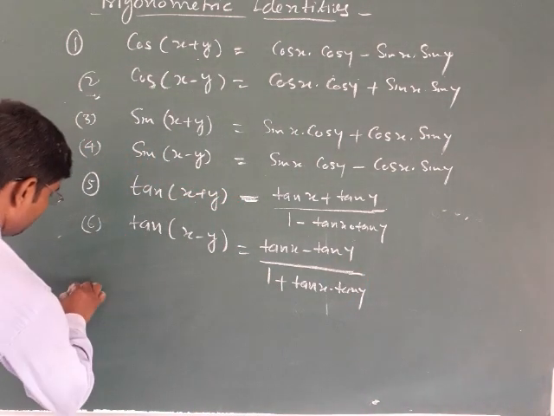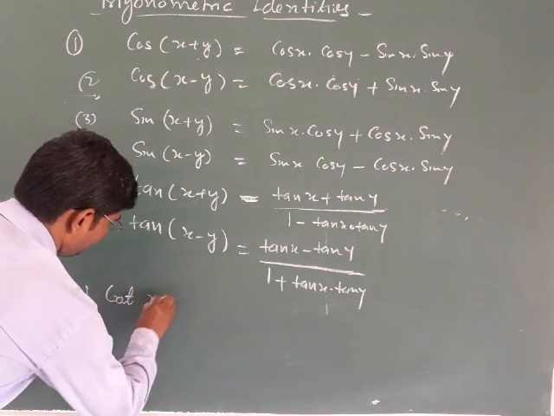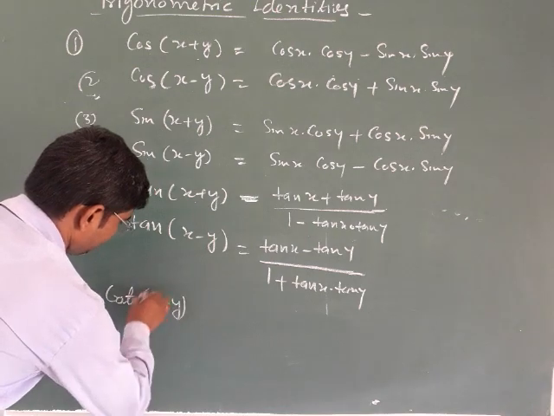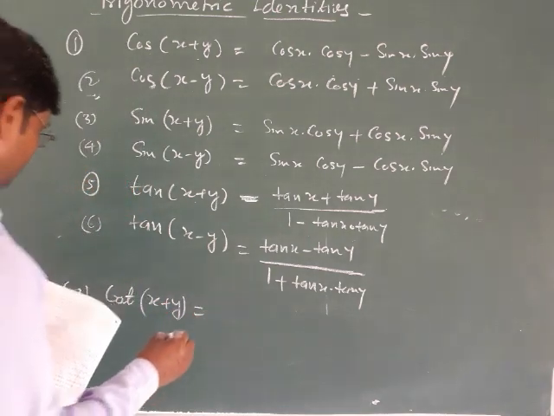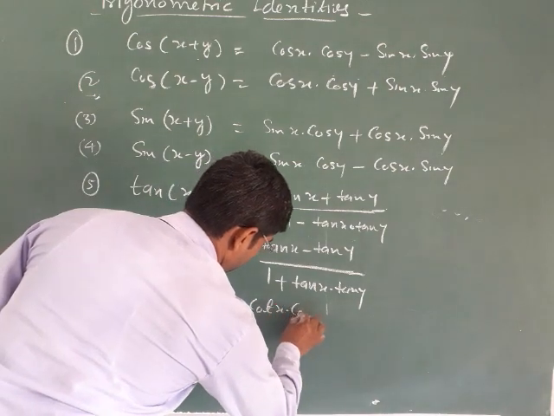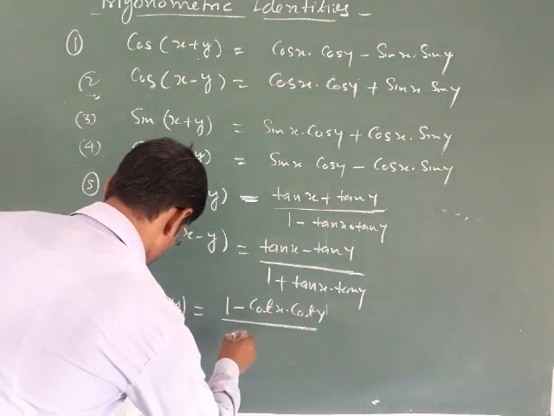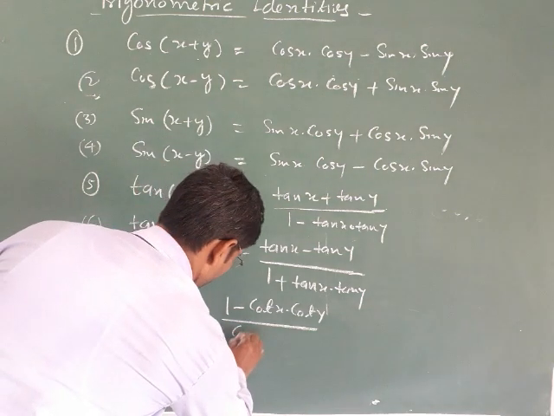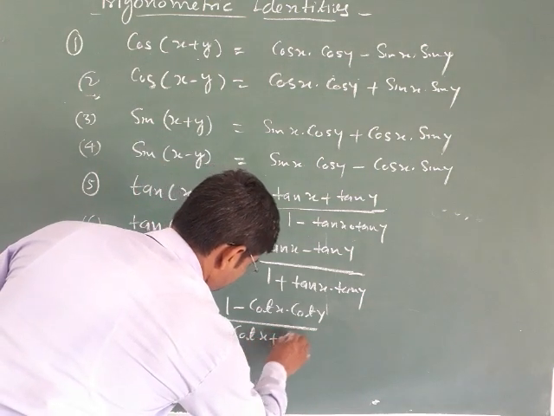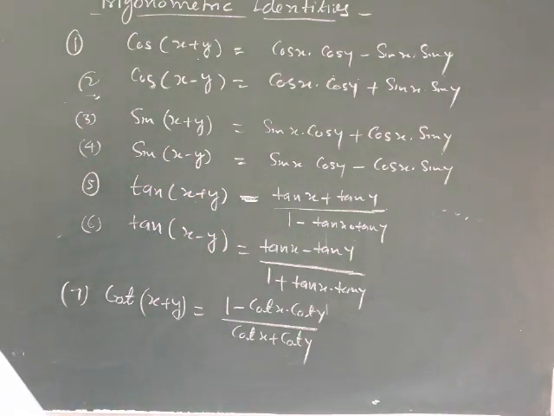And in the same way, cot(x plus y) is equal to cot x cot y minus 1 upon cot x plus cot y.